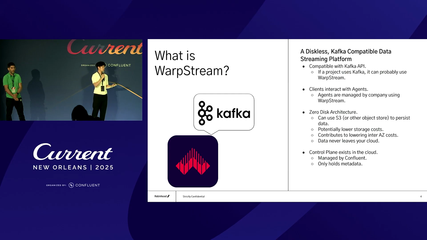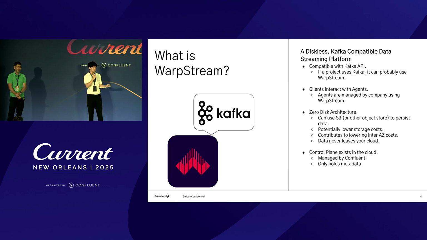compared to traditional Kafka's brokers, WarpStream now has a concept called agents. So what are agents? Agents are really similar to brokers in that they are the interface for Kafka clients to talk to the cluster. But they're a little bit different. The way that WarpStream innovates here is by separating the data plane and the control plane.